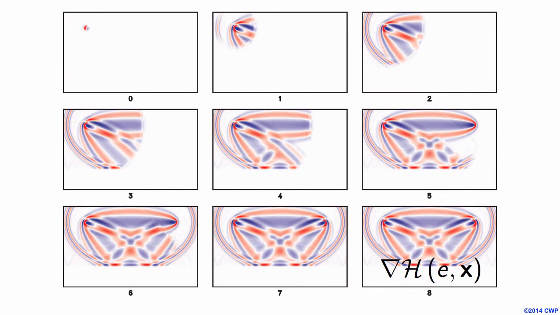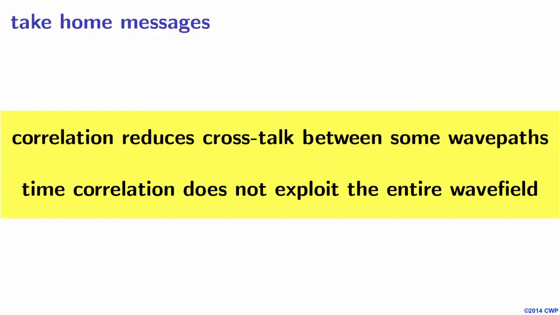And this points out this distinction between the difference objective function, where the velocity information is contained in something that is highly localized, high resolution, and correlation-based objective functions where the gradient is much smoother, much lower frequency, and that will have consequences. So the message is that by using correlation, we reduce some of the crosstalk because we have fewer events that we allow to interfere with one another.